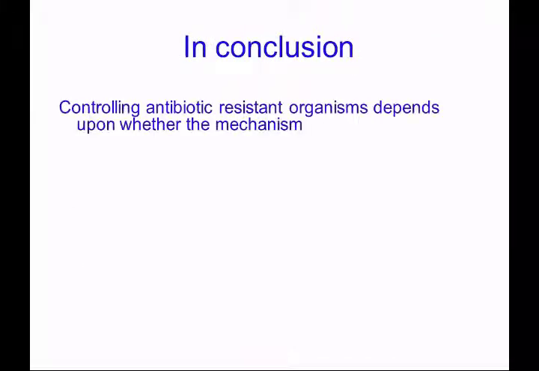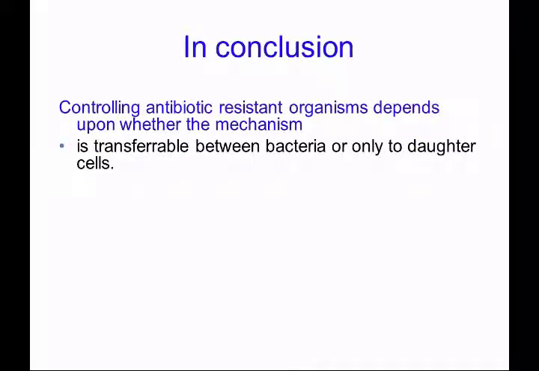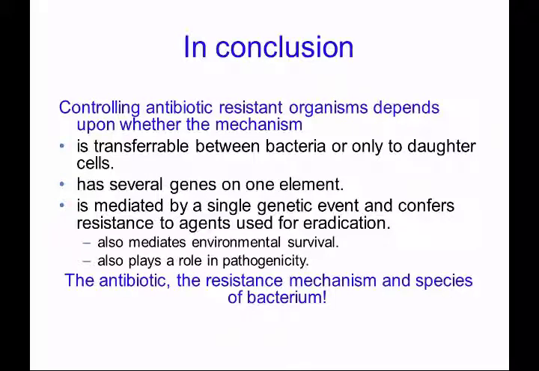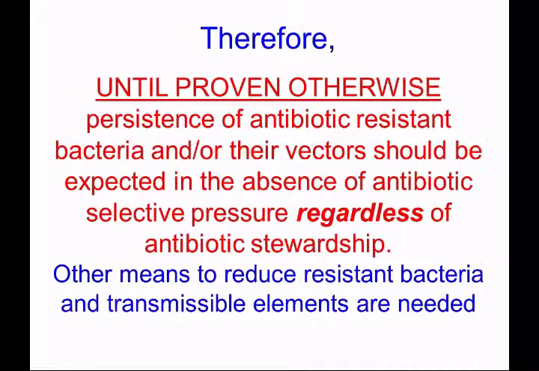So in conclusion, controlling antibiotic-resistant organisms depends upon the mechanism, whether it's transferable to bacteria or only to daughter cells, whether there's several genes on one element or is mediated by a single genetic event, and the antibiotic, the resistance mechanism and the species all play a role in controlling antibiotic resistance.